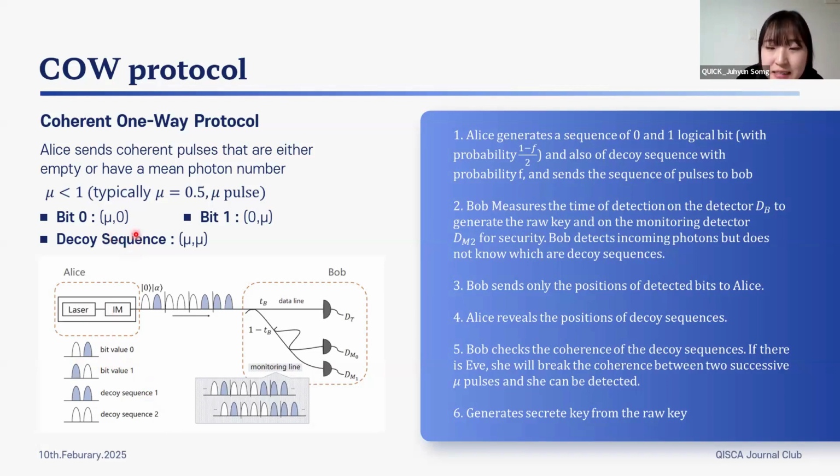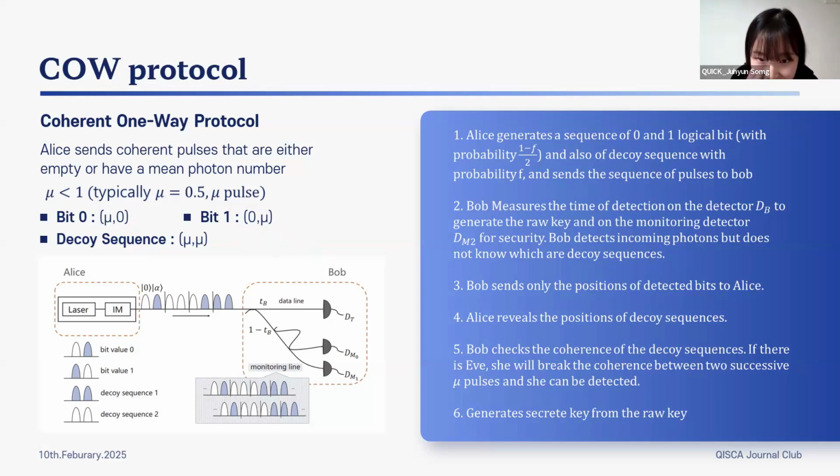This means that the first pulse has a photon inside, and the second pulse is empty. Same for the bit 1. It's represented as 0 mu, meaning that the first pulse is empty, while the second pulse has the photon in it.